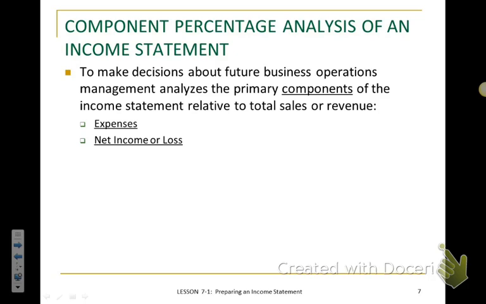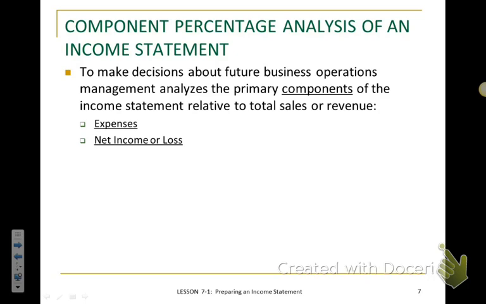Businesses want to be able to use that income statement to make decisions and analyze how well they are doing, profitably or not profitably. They want to make a decision as to what are the most significant expenses of the business for a given period of time.